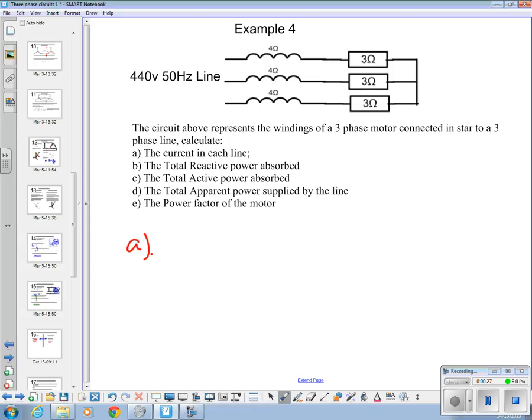You definitely need to work out I phase, yeah. How are you going to do that then?